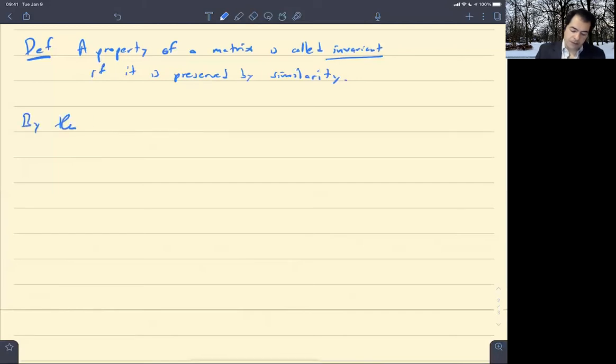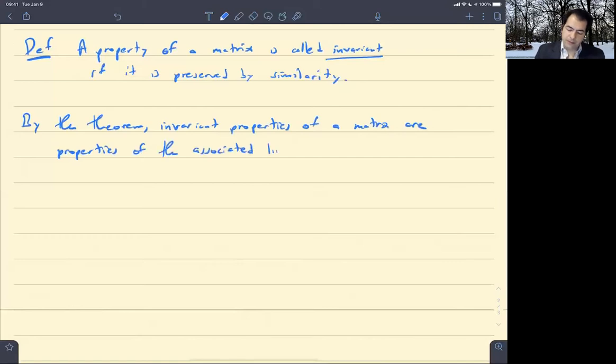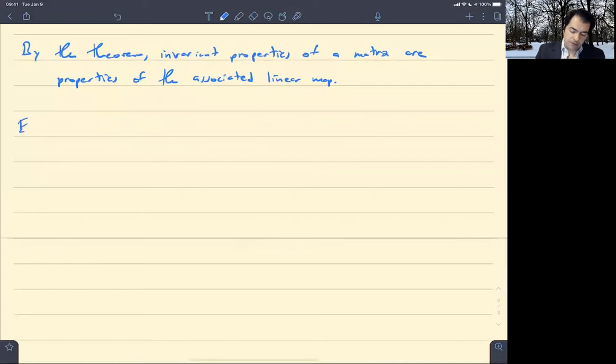So from the theorem, invariant properties of a matrix are properties of the associated linear map. For example, similar matrices have the same eigenvalues.